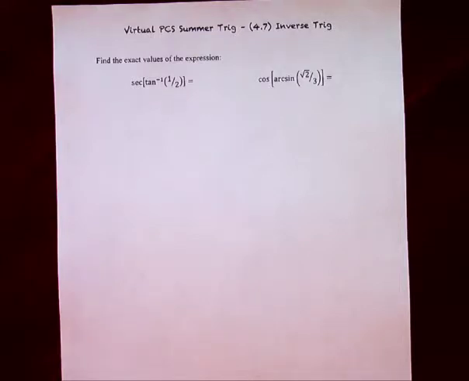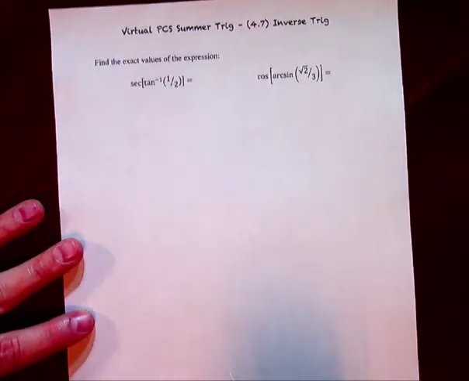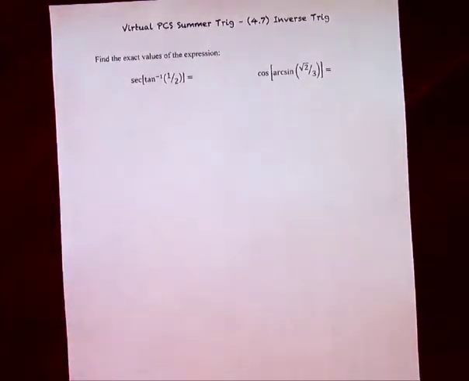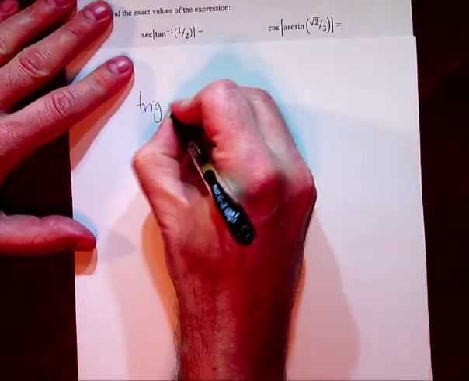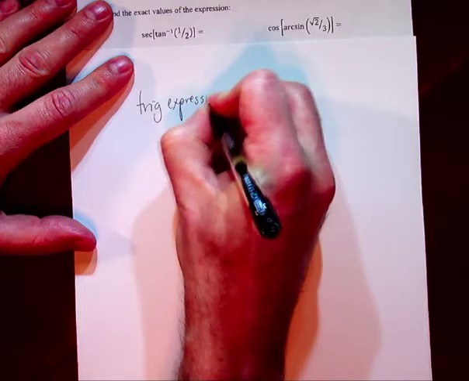Now remember that trigonometric functions exist in order to translate the around-and-out measurements into up and down and back and forth, right? So if we have something like sine of theta or cosine of theta, basically a trigonometric expression, what does it express?